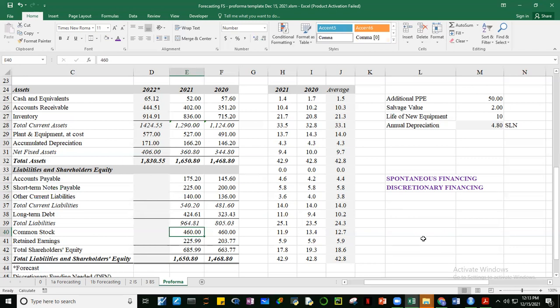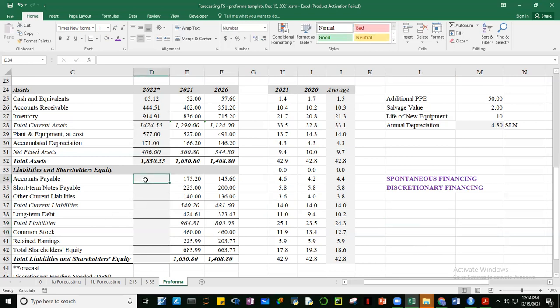Okay, and then if they're discretionary financing, usually, hindi natin nire-relate kay sales yan. Ibig sabihin, hindi lang basta-basta mag-i-increase ng common stock kasi tumaas yung sales. Hindi ganun. Management will have to decide kung mag-i-issue sila ng common stock regardless of the level of sales. Okay? So that's a guide for us, no?